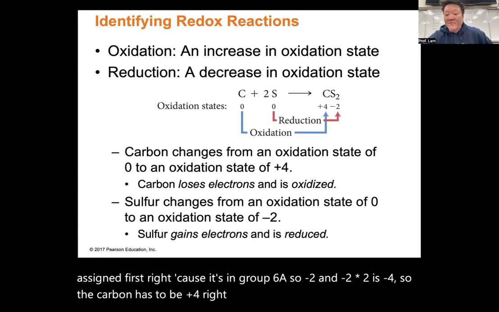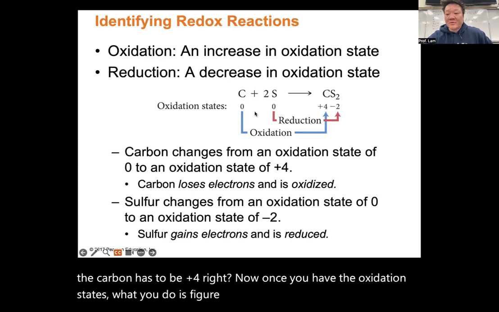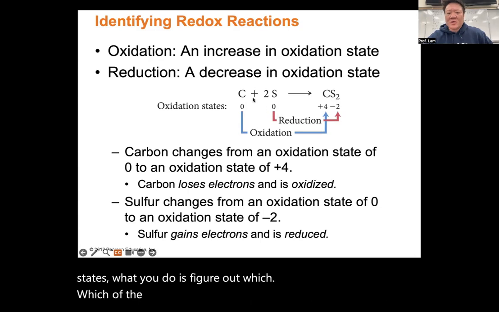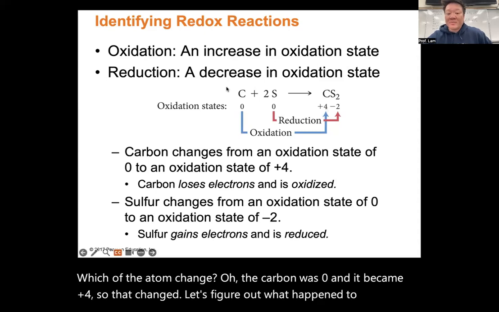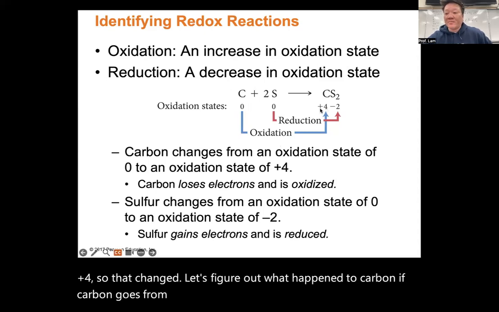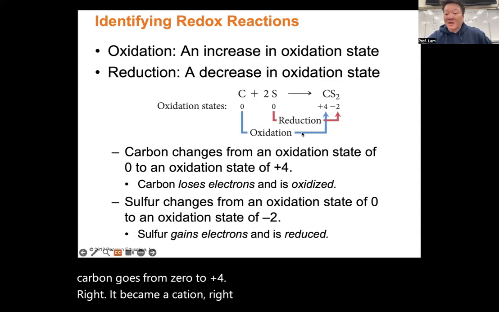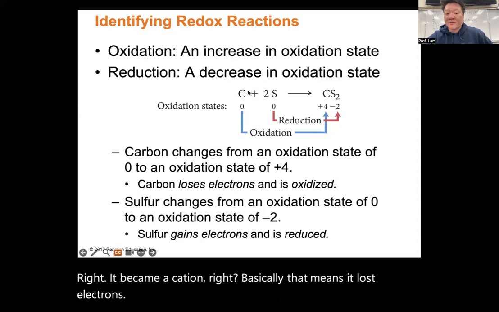Now, once you have the oxidation states, what you do is figure out which of the atoms changed. Oh, the carbon was 0 and it became +4. So that changed. Let's figure out what happened to carbon. If carbon goes from 0 to +4, it became a cation, basically. That means it lost electrons, okay? 0 to +4 must mean it lost electrons.